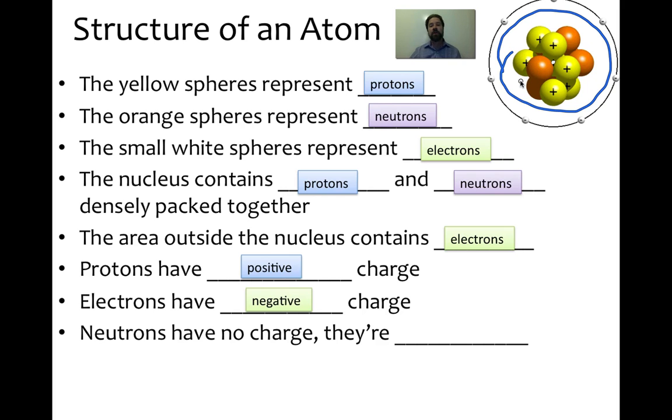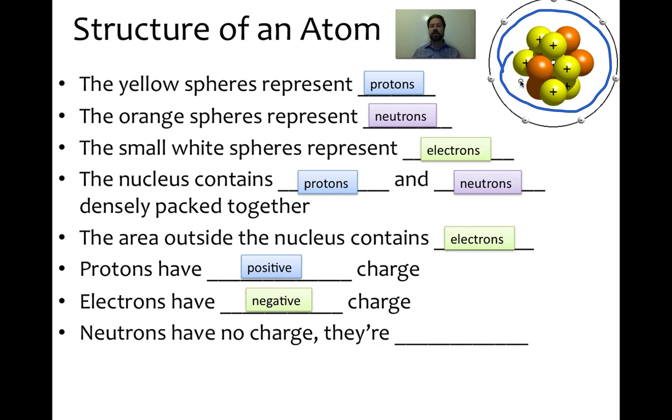If the nucleus was the size of a golf ball on the 50-yard line of a football field, the electron clouds surrounding it would go all the way past all the stands and bleachers, into the parking lot.